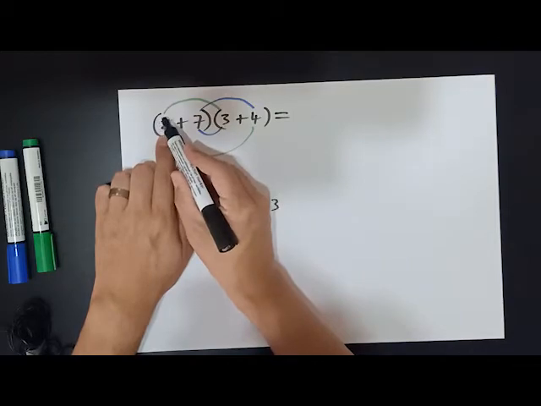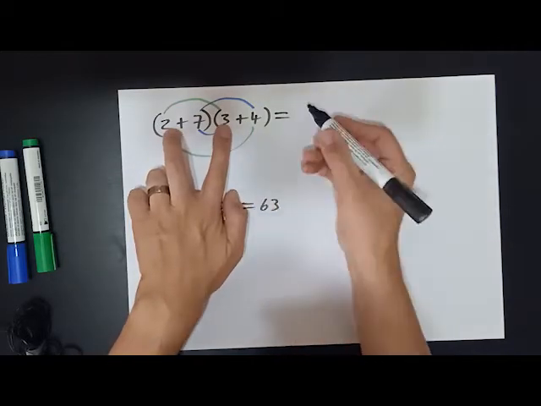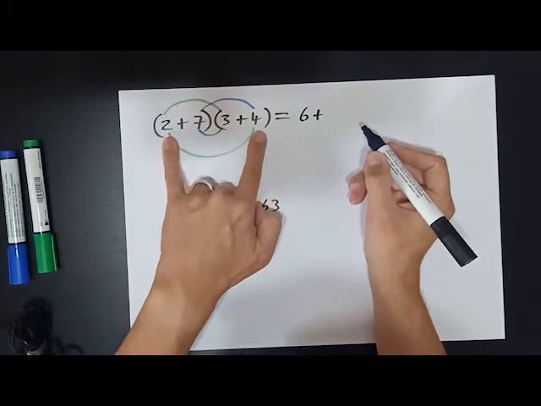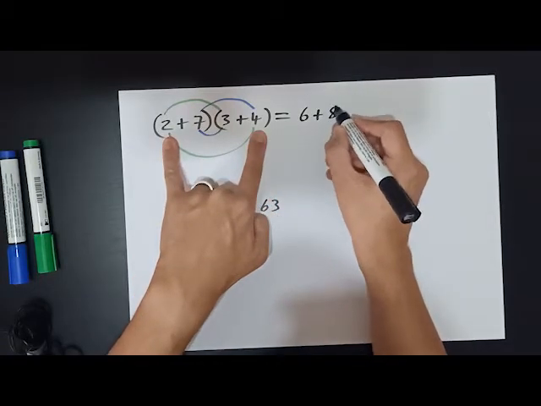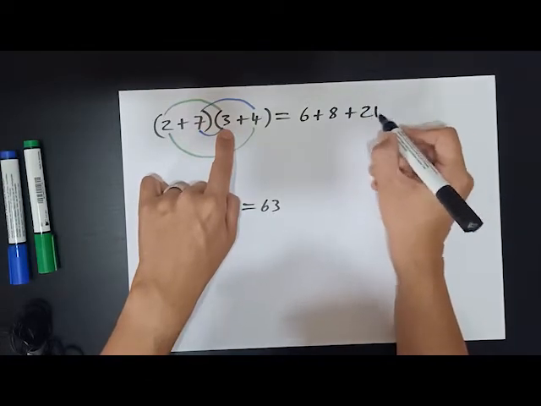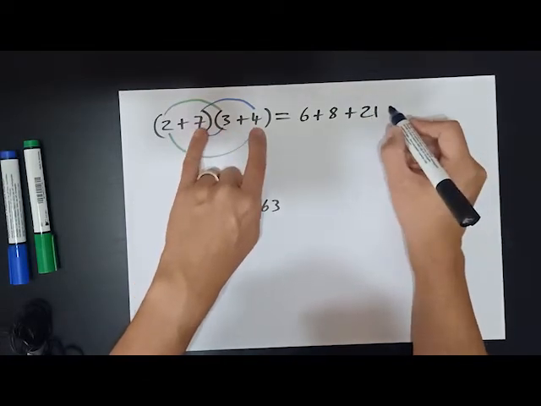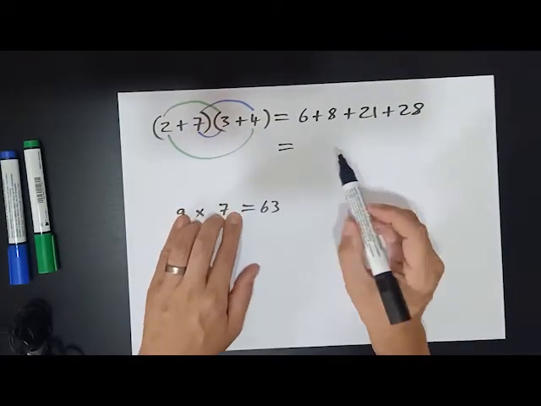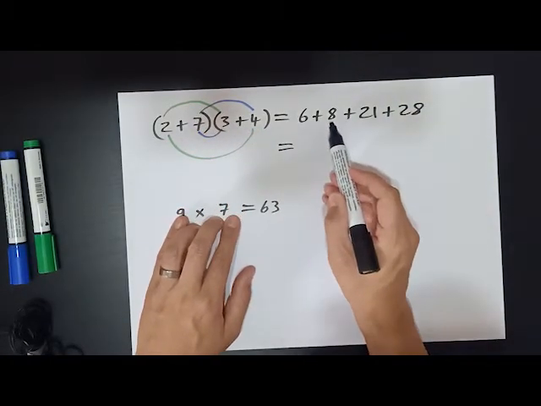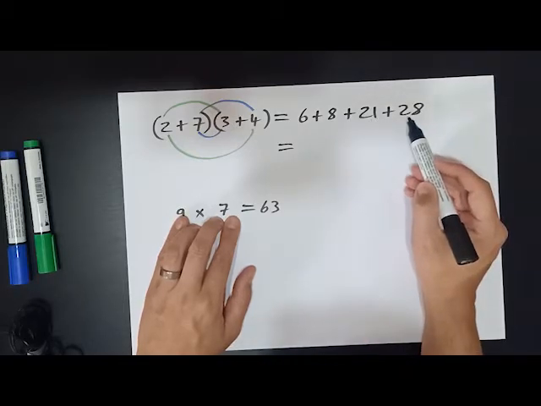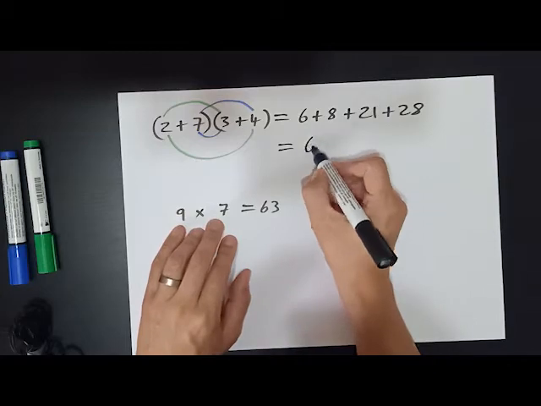So let's do it in order. 2 times 3 is 6. Then we're going to add on the 2 times 4, which is 8. And then 7 times 3 is 21. And then 7 times 4 is 28. Equals 6 plus 8 is 14, 35, 55, 63.